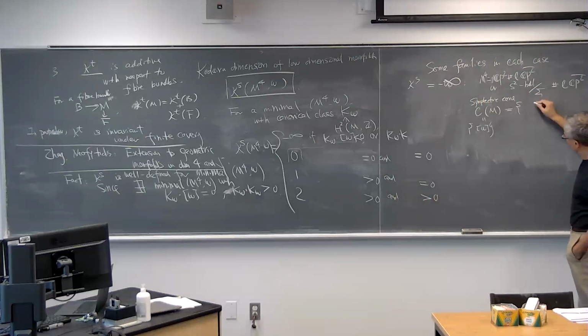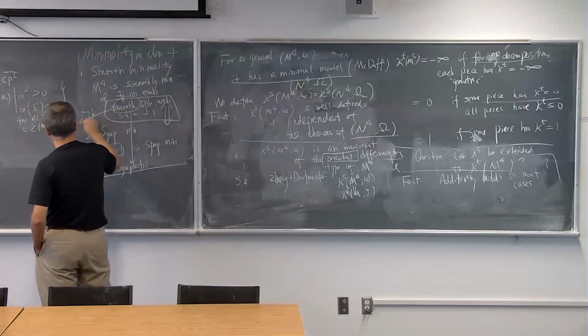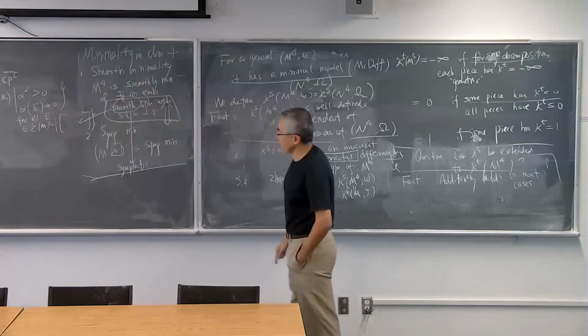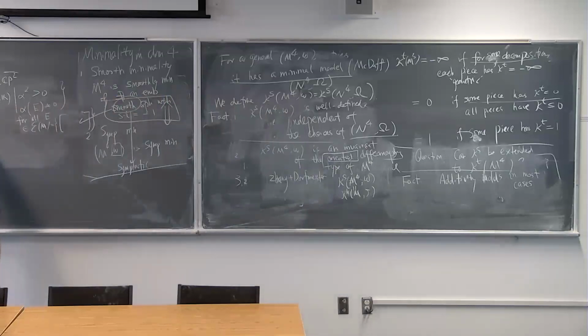This is simply given by alpha in H2, where alpha squared is positive, and alpha pairs positively with E in this set, let's call E of M. E of M is the set of smooth minus 1 spheres.